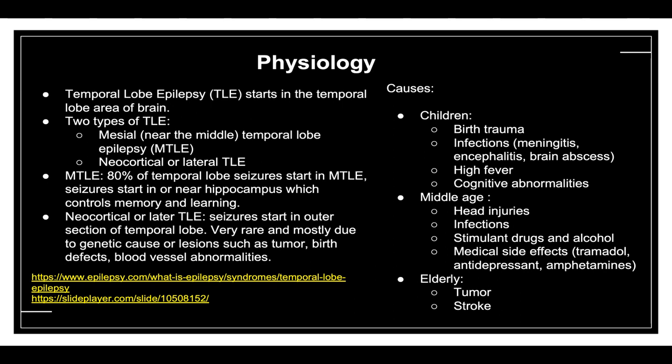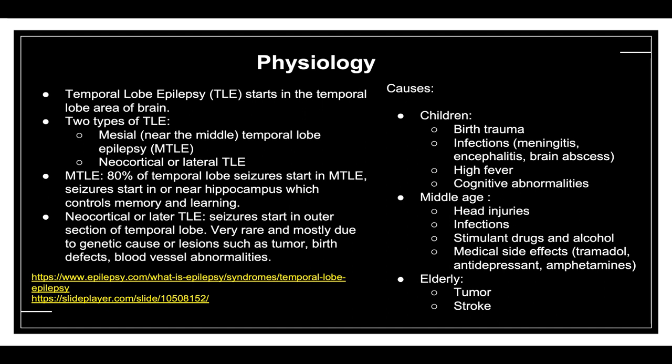So, MTLE contributes to about 80% of the temporal lobe seizures. The seizures start in or near the hippocampus, which controls memory and learning. As we learned in the previous slide, that is what the temporal lobe is responsible for.